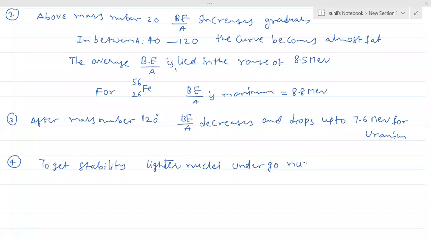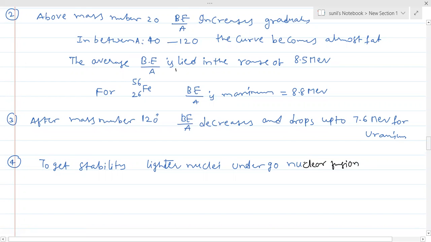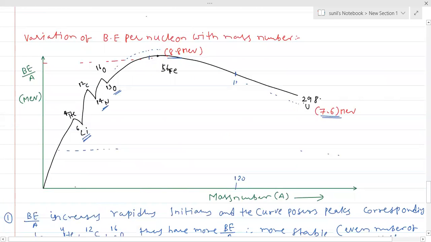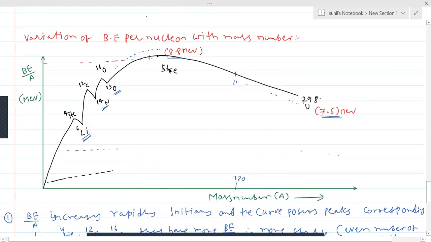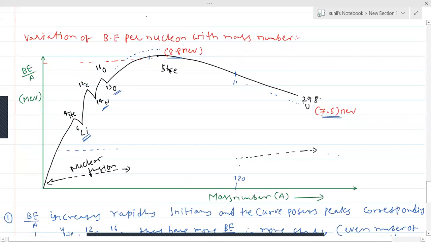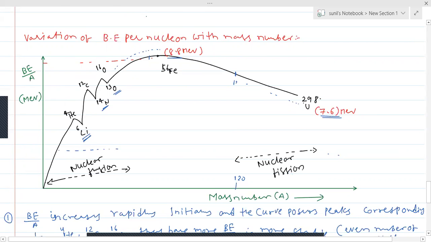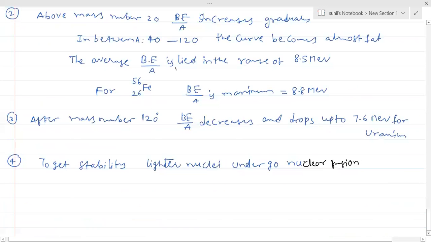So in the graph, all these nuclei up to 40 will undergo nuclear fusion. And the heavier atoms will undergo nuclear fission to get stability. So that is the thing we are writing here.